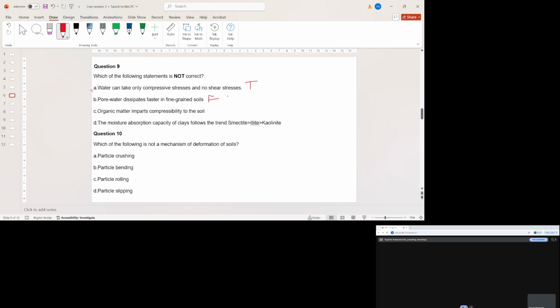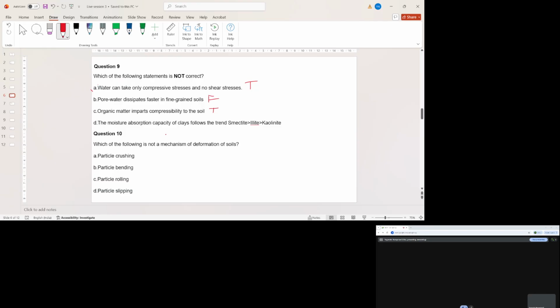Second, once the organic matter in the soil starts to decompose, it results in almost a collapse of the soil, which is reflected in the compressibility of the soil. So this is a true statement.